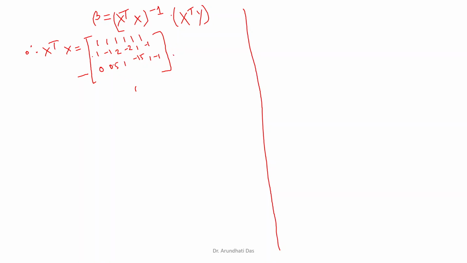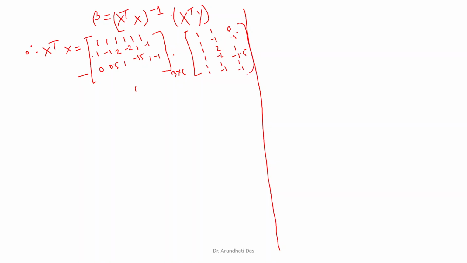So this is my x transpose, which is of size 3 by 6, multiplied by x, which is the same matrix but the original one: 1 minus 1, 2 minus 2, again 1 minus 1, then 0.5, 1 minus 1.5, then 1 and minus 1.